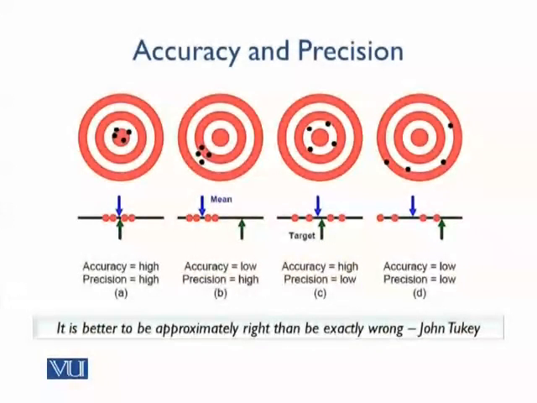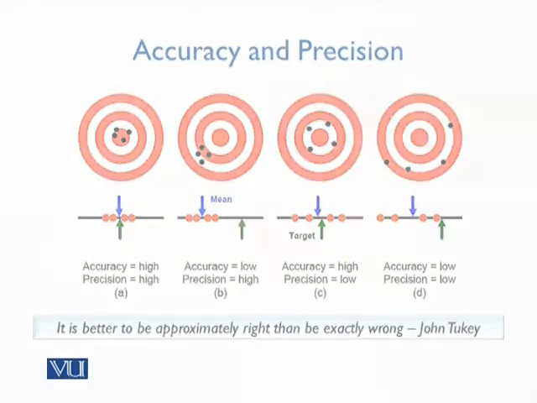It is important here to cite a quote, which I've already cited in an earlier lecture, from John Tukey, who said that it is much better to be approximately right than to be exactly wrong. Because when we think that we are exact, it may be that we are exactly wrong. That is, we have a device which is giving us very precise values, but it may be miscalibrated, or it may be missing the true value by a large amount, and because of that we may have the wrong notion that our device is very precise and we're hitting the true value.